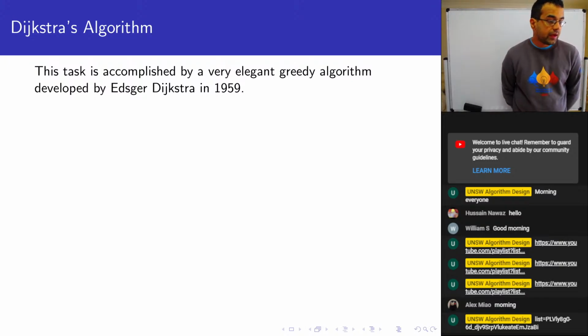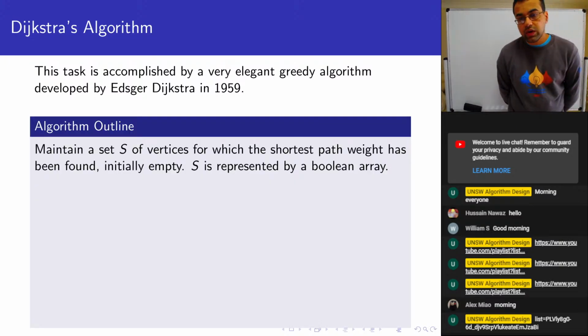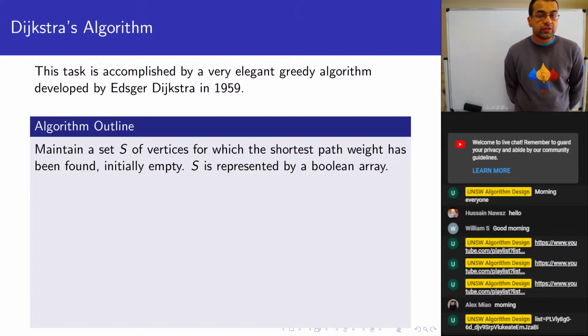this problem. We'll go through an outline of that algorithm and resolve some of the questions that are still left to be answered. So the algorithm goes as follows. We have a subset of the vertices for which we have found the shortest path weight.